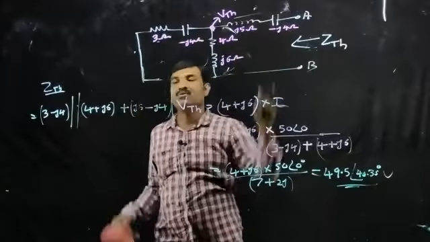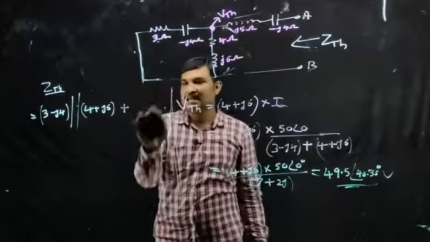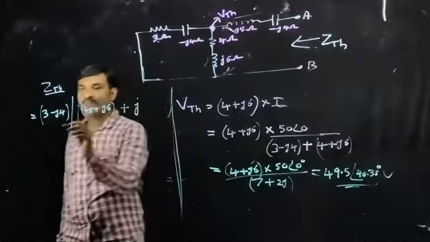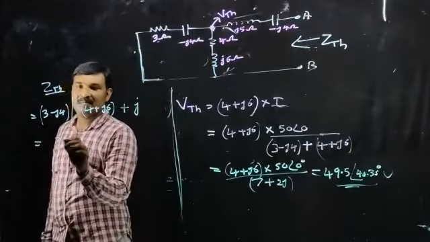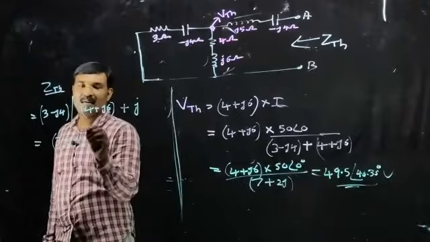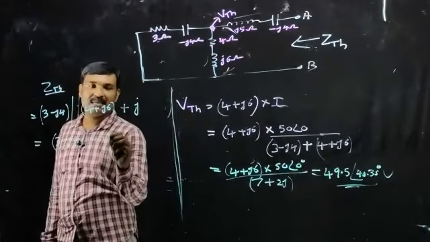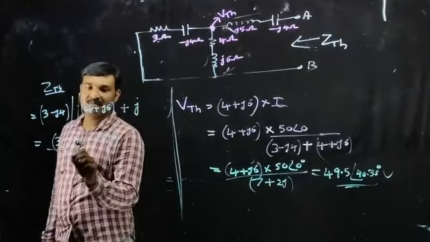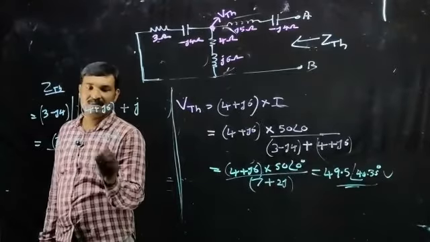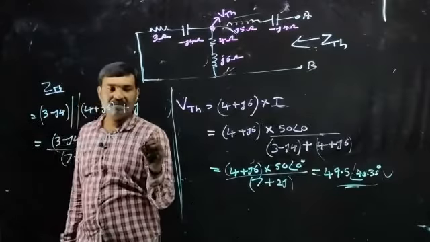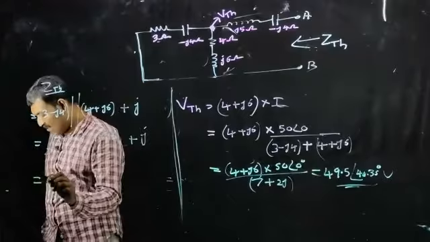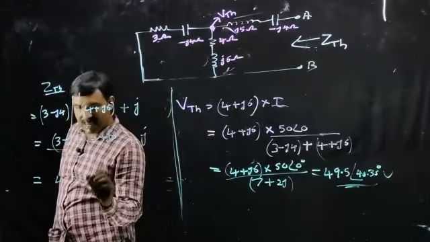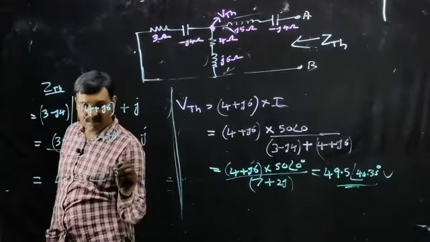Okay, J5 minus J4 is equal to plus J. So this is the value of ZTH. By simplifying this, we get 3 minus J4 multiplied by 4 plus J6 whole divided by the sum of these two, 3 plus 4, 7 plus 2J plus J. By simplifying this, we will get the value of ZTH as 4.83 at an angle of minus 1.13 degree.